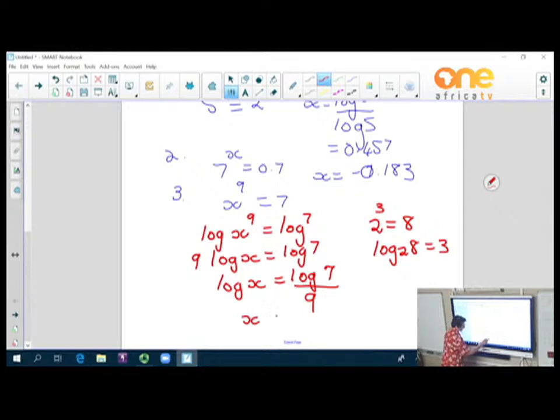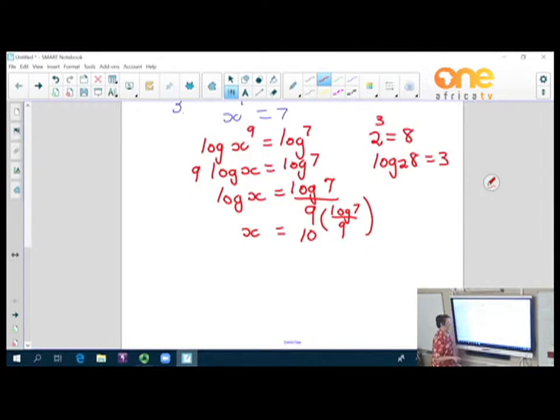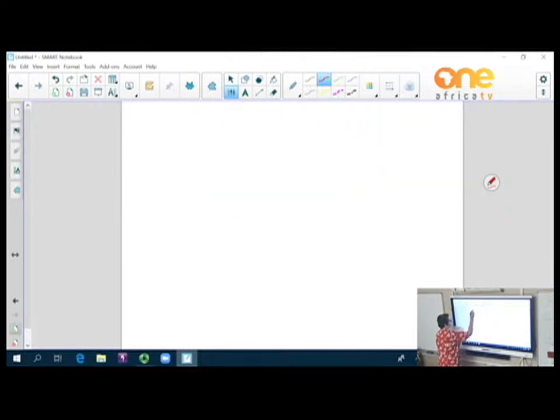So x is then equal to 10 to the power of that log 7 divided by 9. That's how you unlock it. Or you can press second function log to get that value then there. And the answer is 1.24.